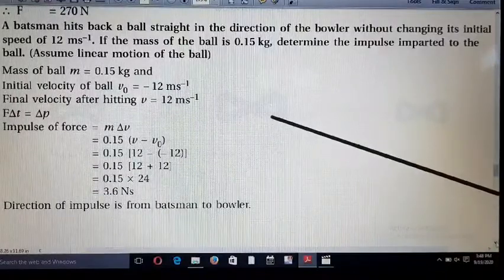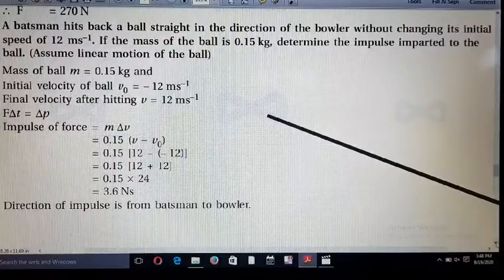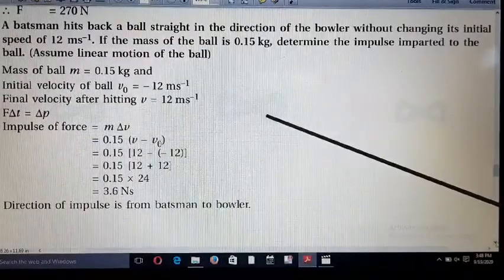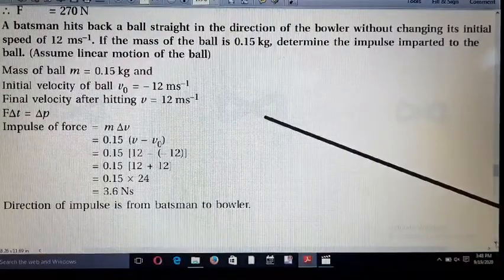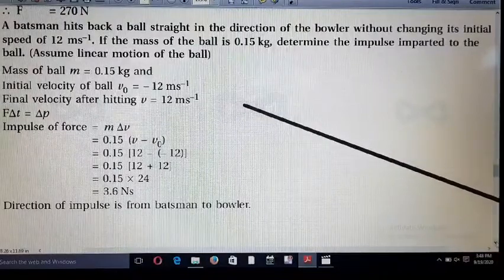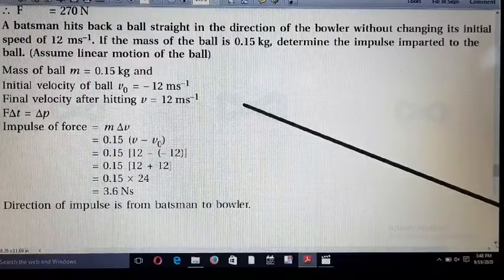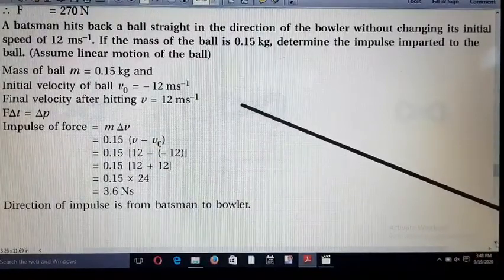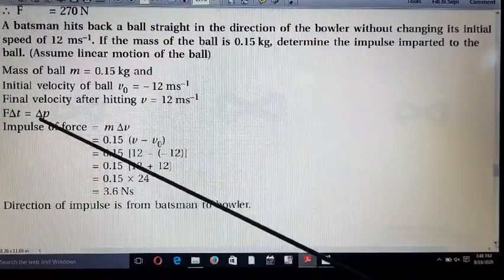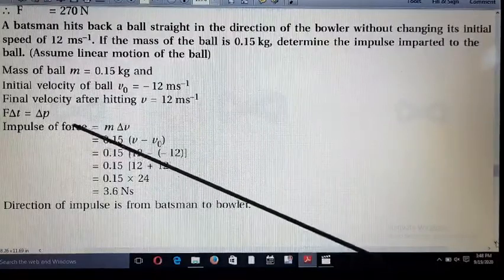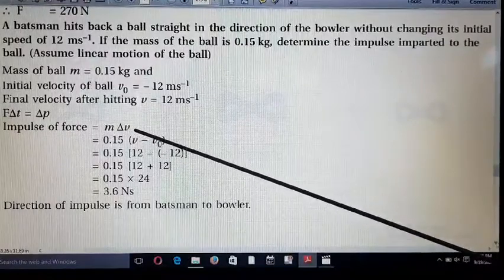Friends, mass is 0.15 kg. Initial velocity is equal to minus 12 meter per second and final velocity is 12 meter per second. Here we assume the initial velocity is in the minus x direction and the final velocity is in the positive x direction. So the formula for impulse of force is F delta T is equal to delta P. So delta P is equal to m delta V according to the definition of momentum.